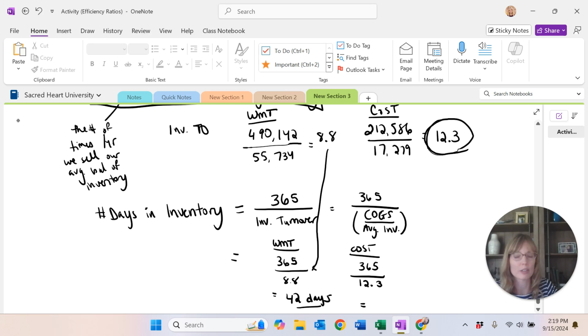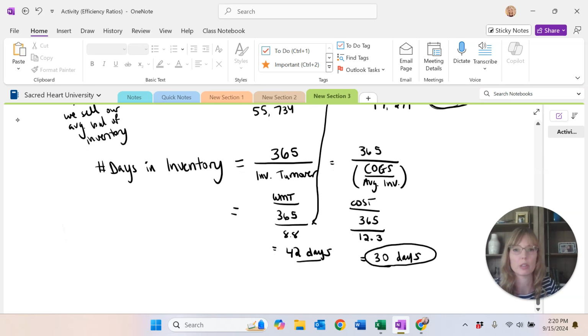And of course, we want our number of days in inventory to be as small as possible. Our ratios that we saw before, inventory turnover, total asset turnover, we want to be higher because it's how much we're selling, how frequently we're selling our assets, but number of days in inventory we want to be lower. And this works out to be 30 days. Okay, so an extra 12 days on average that inventory is sitting at Walmart.